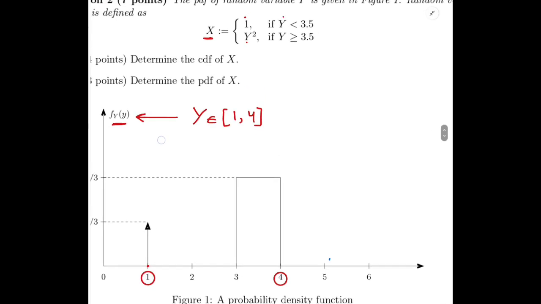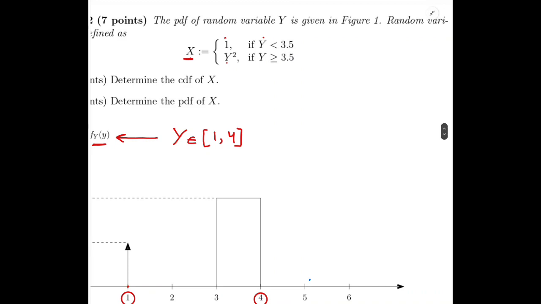So it's clear that what we need to emphasize is that although here y is greater than or equal to 3.5, you need to be careful that this is limited to 4.